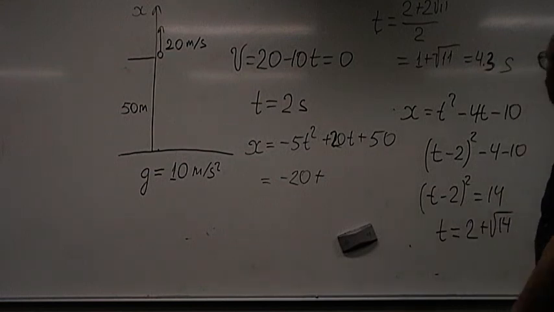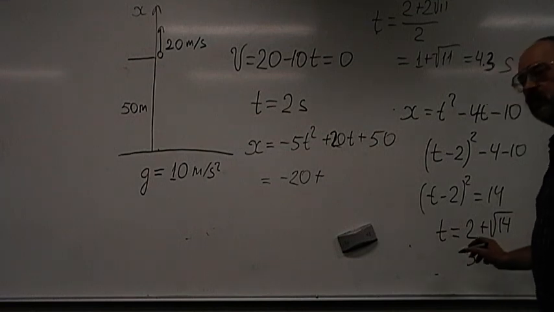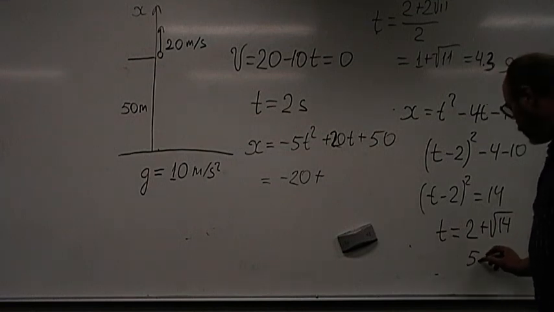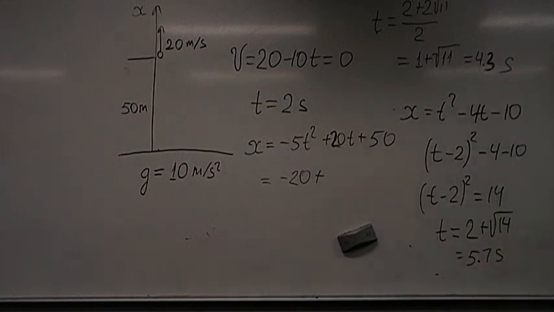Root 14 is about 3.7, so check with the calculator: 5.7 seconds. So time equals 5.7 seconds.